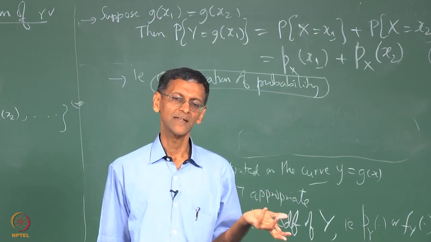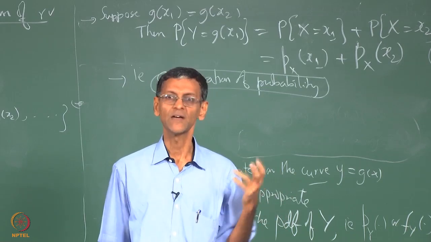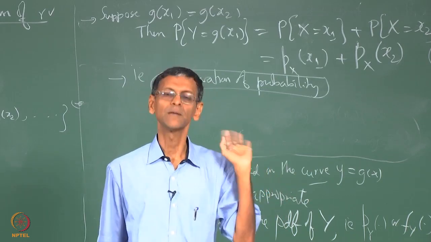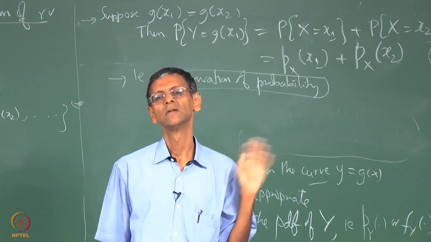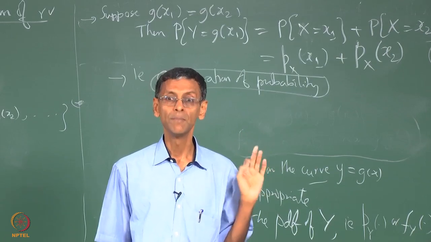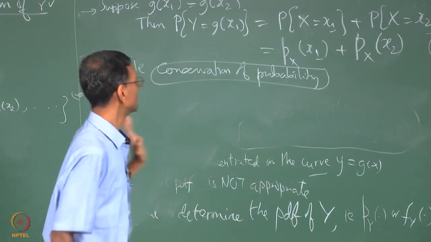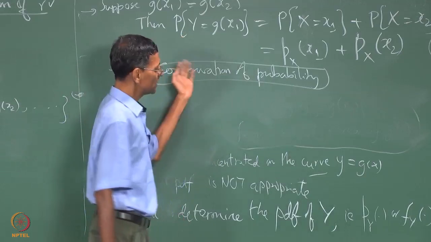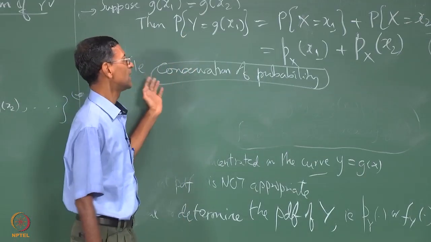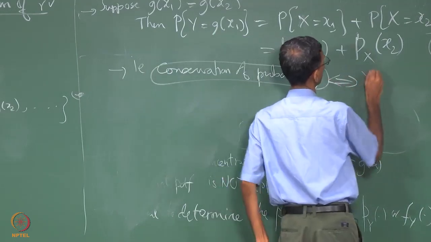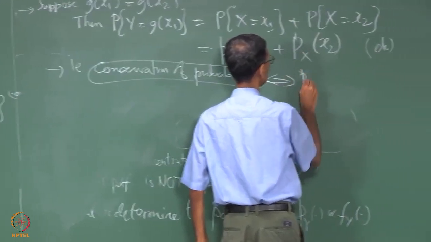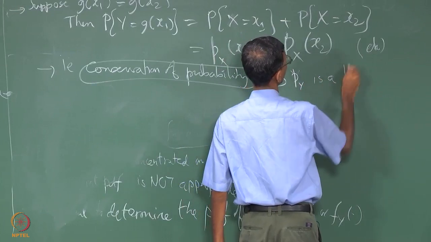Whether you write it as an unconditional PMF or a conditional PMF or a PDF does not matter. As long as you call it a PDF without any qualifier in front of it, it has to have unit area, unit sum. So here also you need to have the same. This means P of y is a valid PMF.